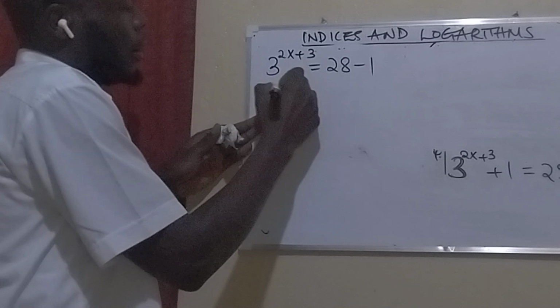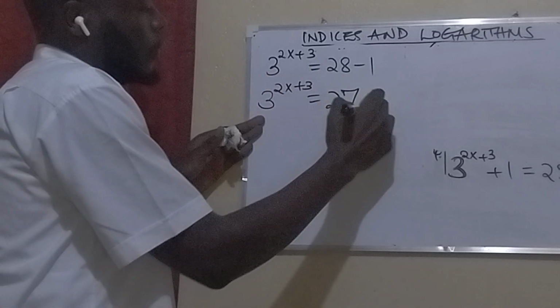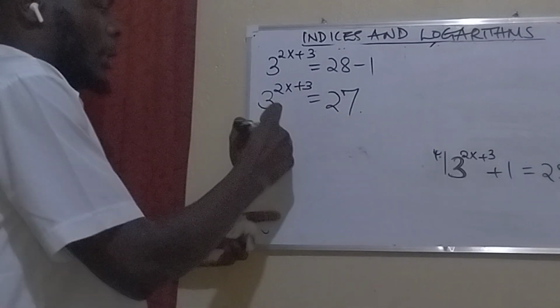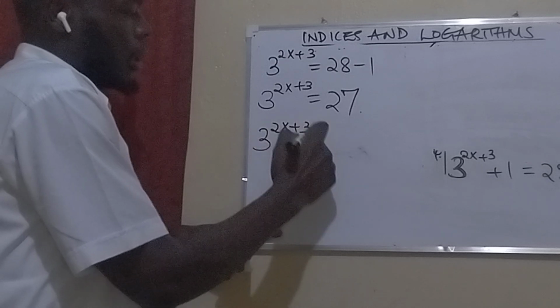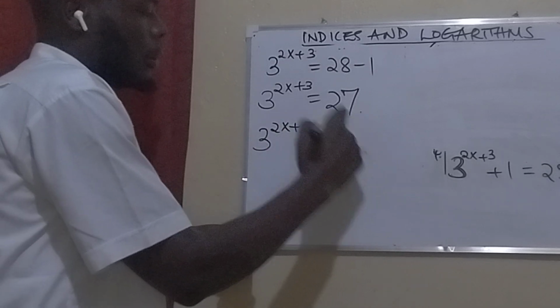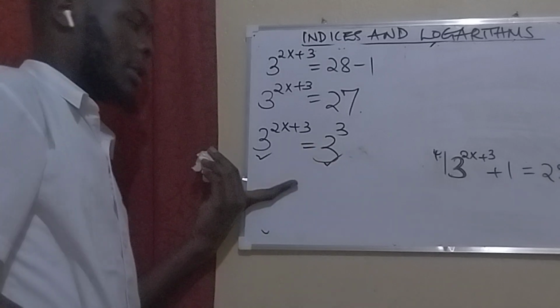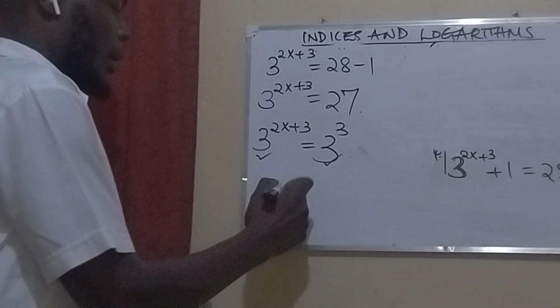So you have 3 raised to power 2x plus 3 is equals to 27. So at this point you can express 27 to base 3. So you have 3 raised to power 2x plus 3 equals to 3 power 3. So since you have the same base, just take the powers, you can drop the base.